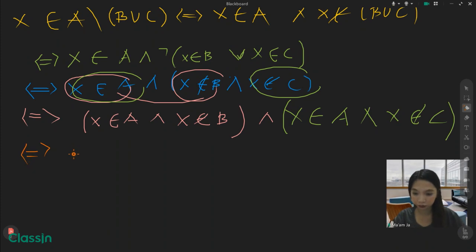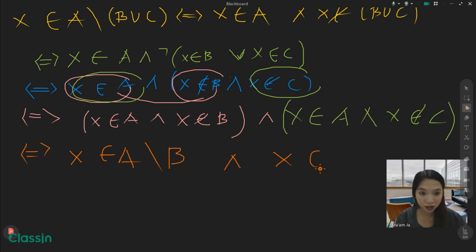x is an element of A but not in B, and x is an element of A but not in C. Can you see it?